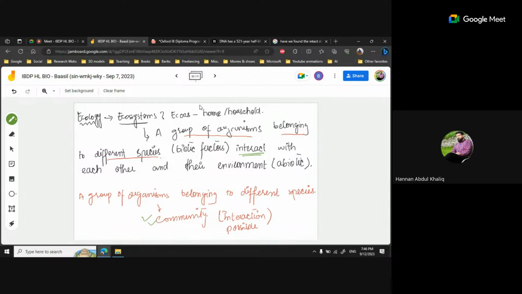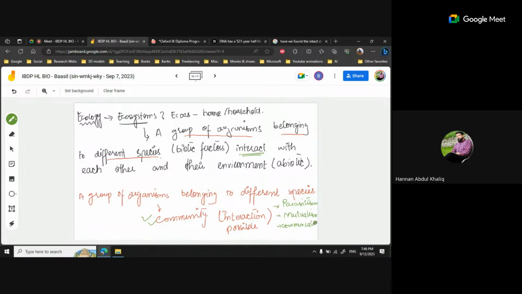How? When it comes to a community, there is a type of relationship called parasitism. Then comes mutualism. Then comes, let's say, commensalism. There is another word.